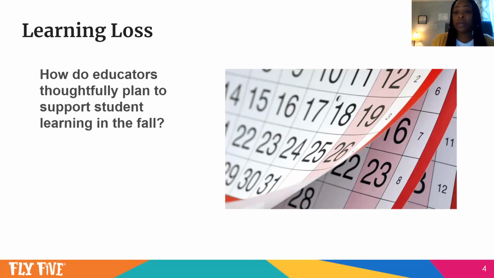Now that we have a greater insight and a better understanding of what to expect during the upcoming school year or school years, educators can begin to restructure their curriculum by putting practices into place that best support their students and embrace some of the newly developed skills that students may have acquired throughout this pandemic.